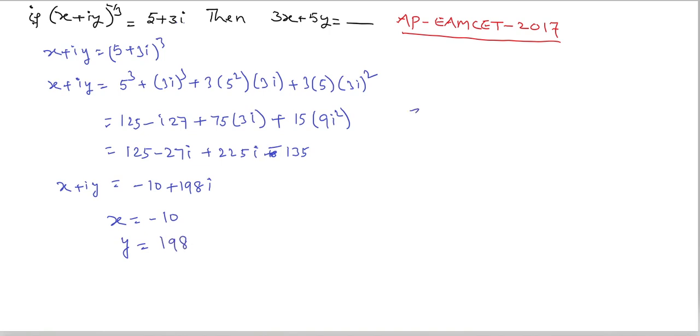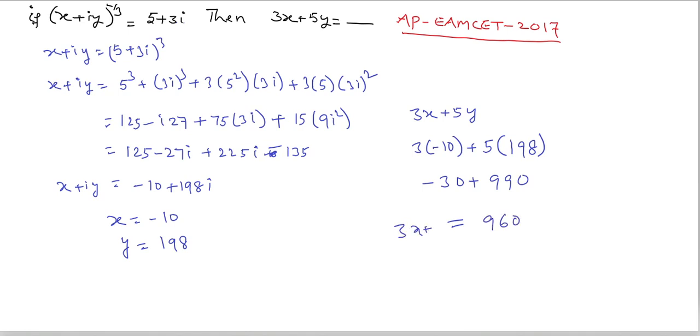Now we find the value of 3x plus 5y, which is 3 into the x value minus 10 plus 5 into the y value 198, that is minus 30 plus 990, that is equal to 960, which is the value of 3x plus 5y.